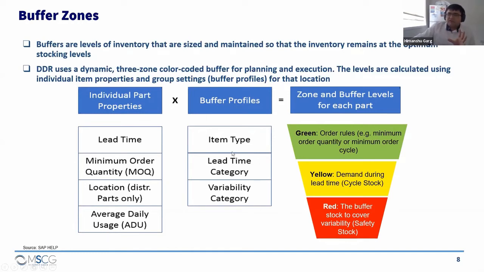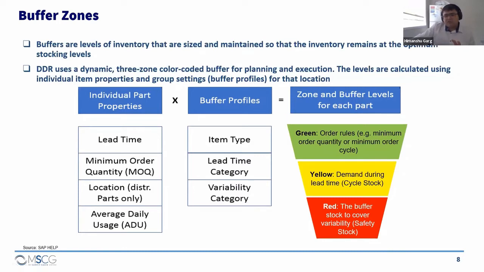The group level is item type. So it is like generic. We categorize the items, what type of item it is, whether it is a long lead time item, a short lead time item, or a medium lead time item. That goes into the lead time category. Then not only the lead time category, but also the variability category. How much variability is there whenever we order this item?